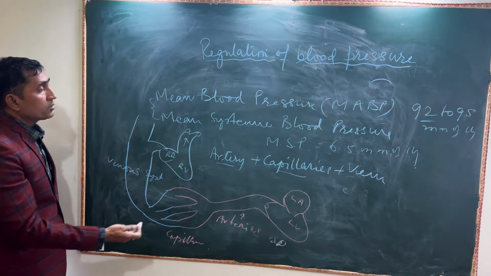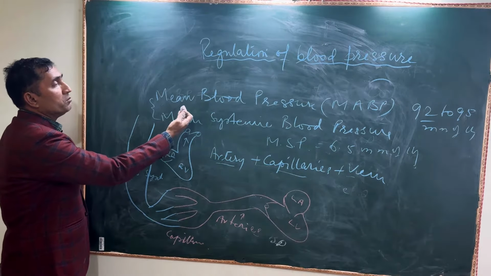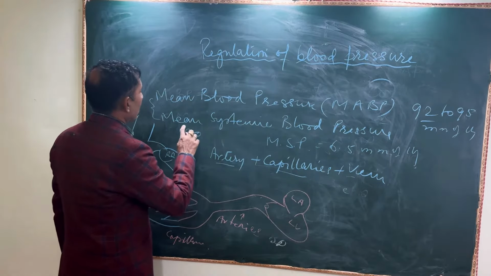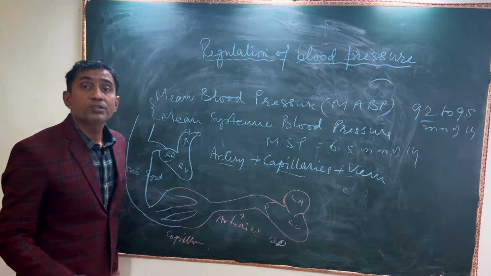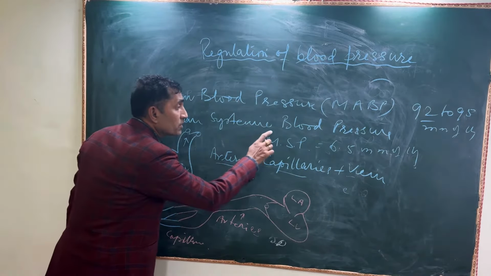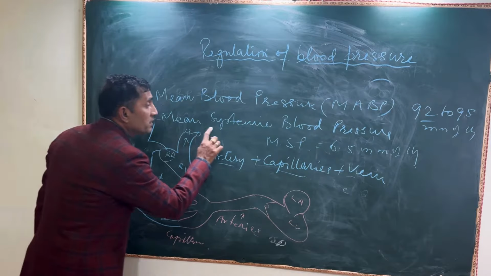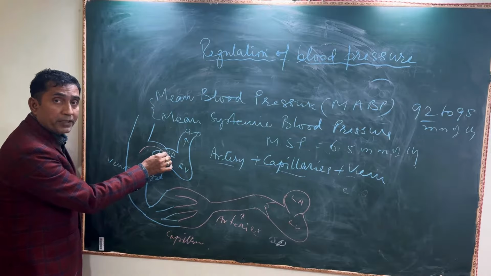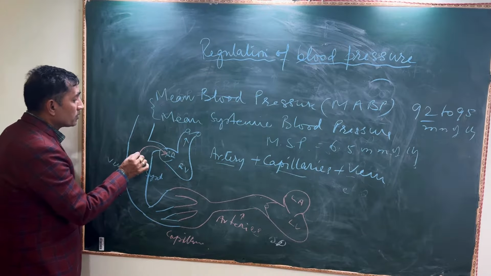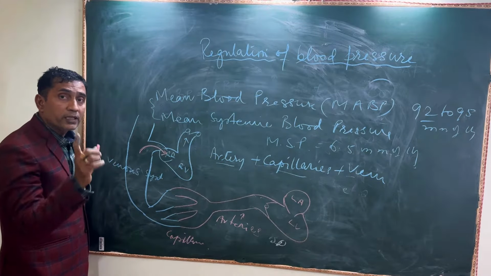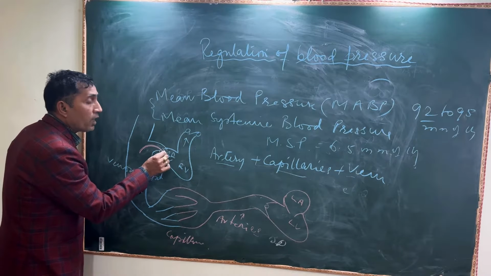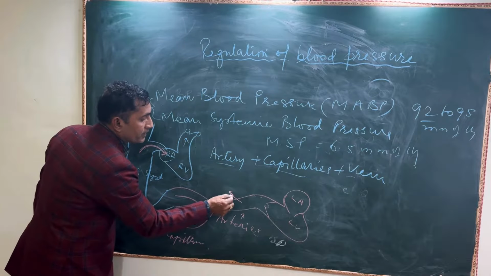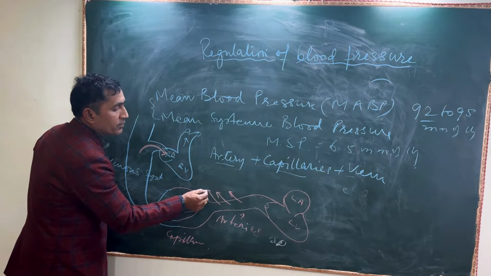So my aim is to tell you the relation between mean blood pressure and mean systemic blood pressure. See, this mean systemic blood pressure, try to understand. This mean systemic blood pressure will regulate the venous return. Means it will tell you what should be our venous return, and the mean blood pressure will tell us about the perfusion pressure.